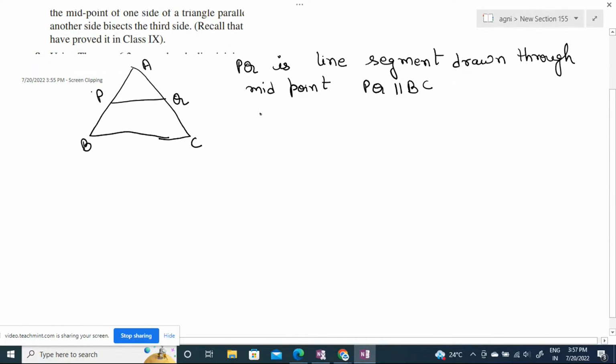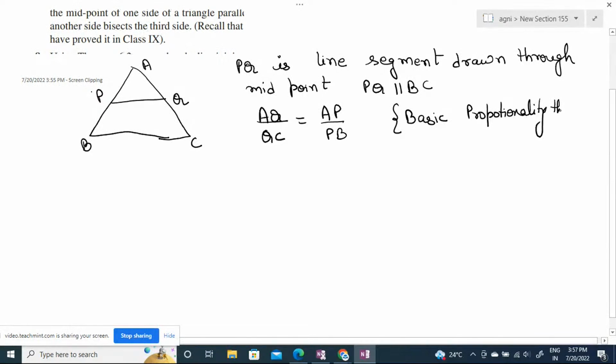Now, AQ upon QC is equal to AP upon PB by the basic proportionality theorem. So we know that AQ over QC is equal to 1:1.